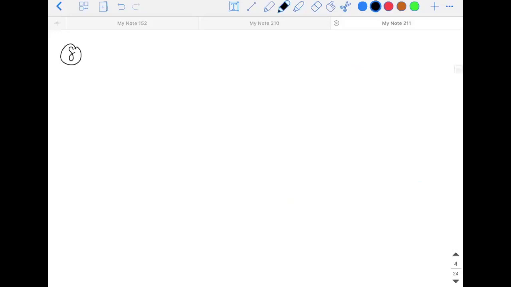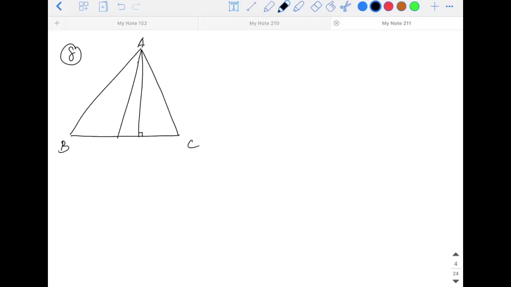Number 8 is actually a very important and very interesting property I want to show you guys. I have a triangle. I have an altitude. And I have a bisector. A, B, C, AT, and AH. So these 2 things will actually include an angle theta, right?